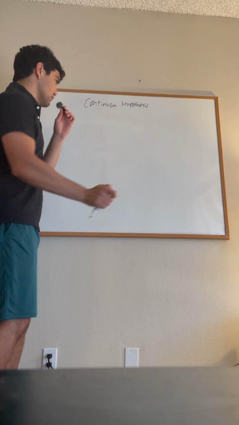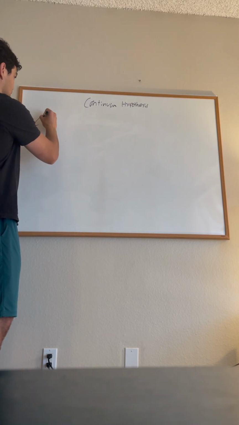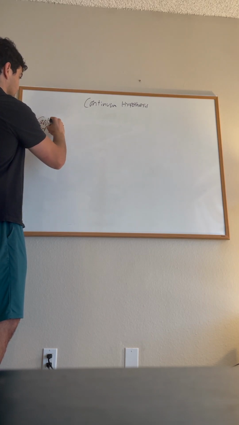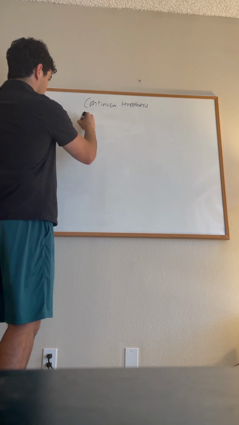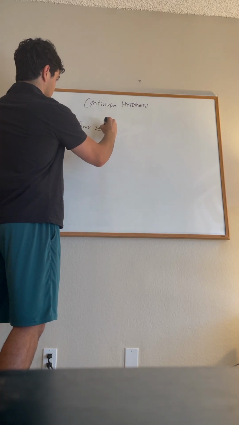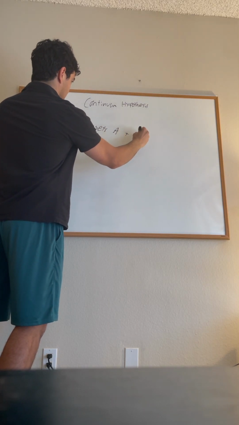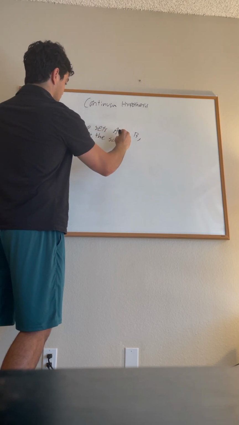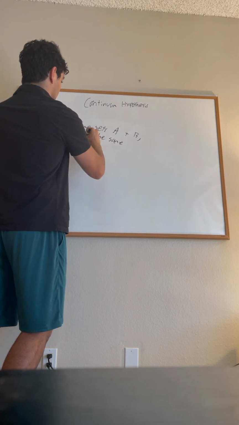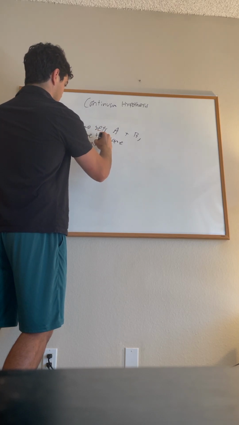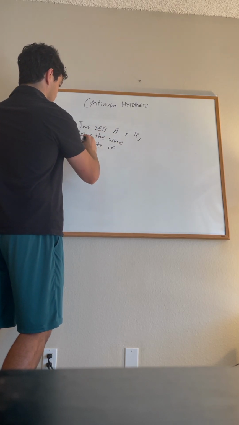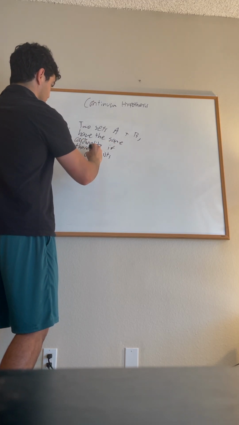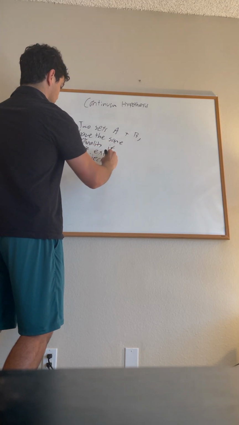So we say that two sets A and B have the same cardinality if there exists a bijection between them.